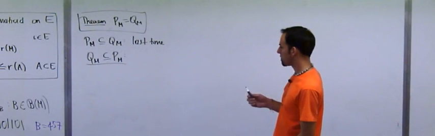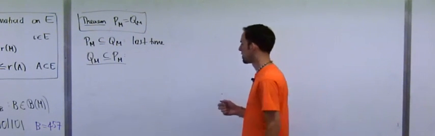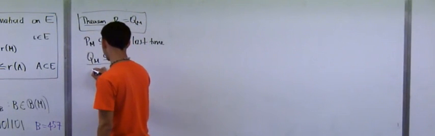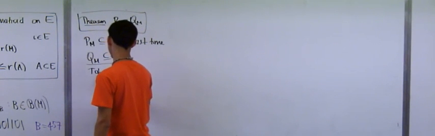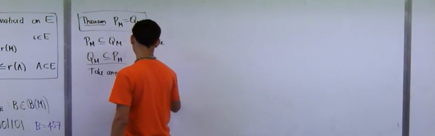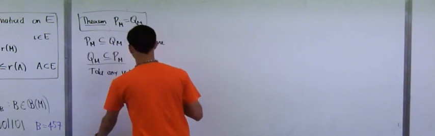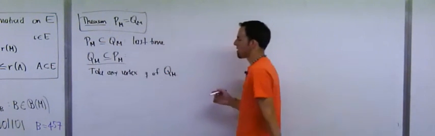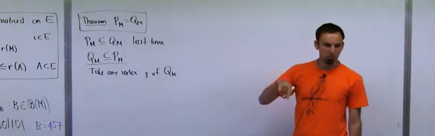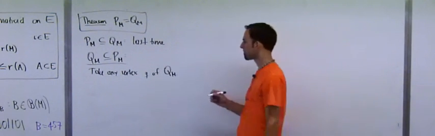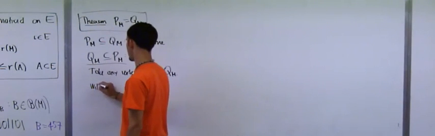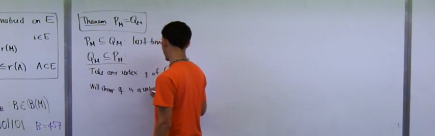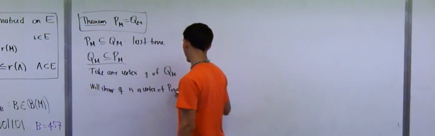How am I going to show that Q sub m is contained in P sub m? What I'm going to show is this. Take any vertex, let's call it Q, of Q sub m. And I'm going to show that actually that vertex Q is one of the vertices of P sub m.